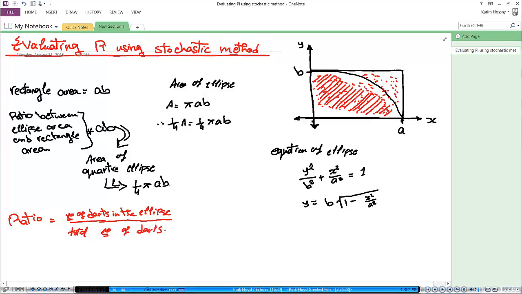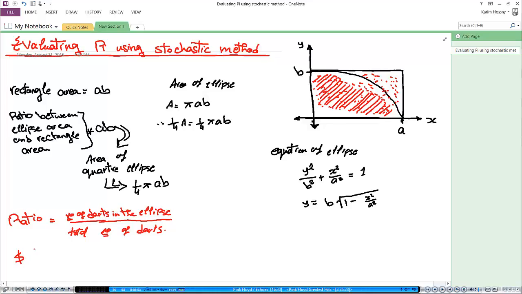How do I simulate, or mathematically say, the dart? A dart is some sort of arrow thrown onto this diagram. How could I say it mathematically? The dart is simulated mathematically using random numbers. Therefore, I have a random number in the x direction and in the y direction.